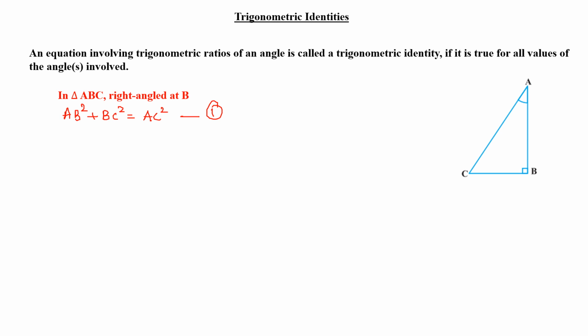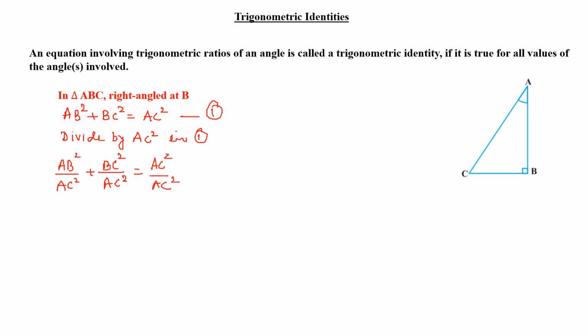Now I am going to divide by AC square on both the sides. So divide by AC square in 1. What will happen? AB square by AC square, each term you have to divide by AC square. Same way BC square by AC square equal to AC square by AC square.